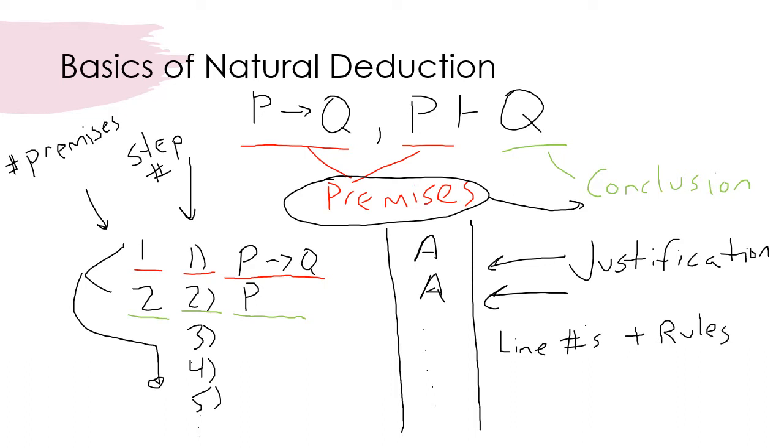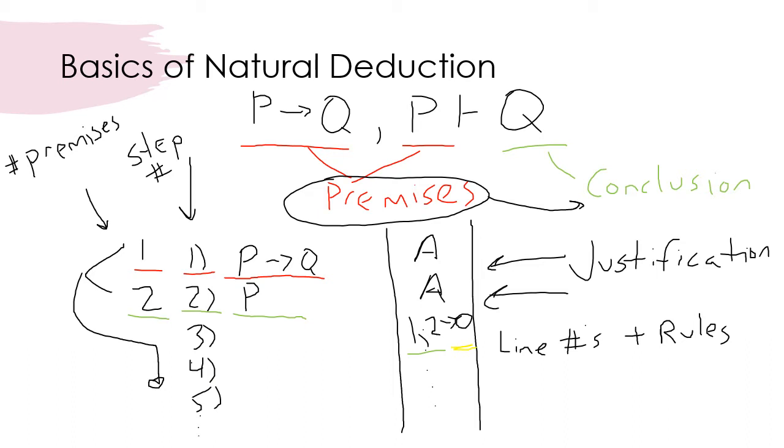So you'll have where you're getting the information that you're using, as referenced by line numbers. For instance, we could do 1 and 2, and what we'll see is arrow out is going to be our first proof on the next slide. But what you'll see are, again, line numbers and the rule that you are using on those line numbers.